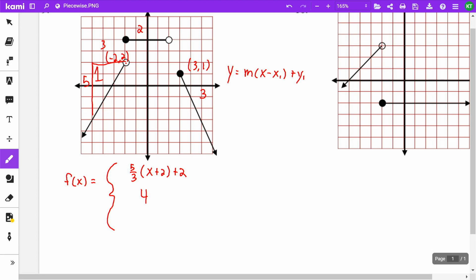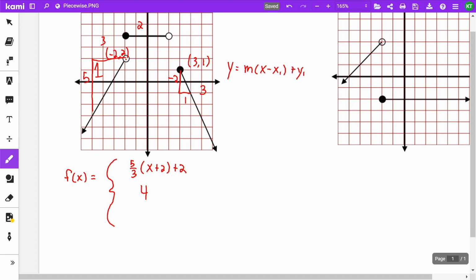But for the sake of things, let's just go ahead and say that's going to be our slope here. So this is going to be negative 2 over 1, so my slope is going to be negative 2. So we will have negative 2 times x minus x1, so minus 3, plus y1, so plus 1. So that would be how I would use point slope form to write all three of my equations.